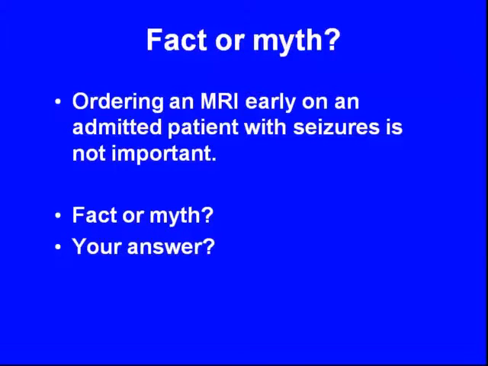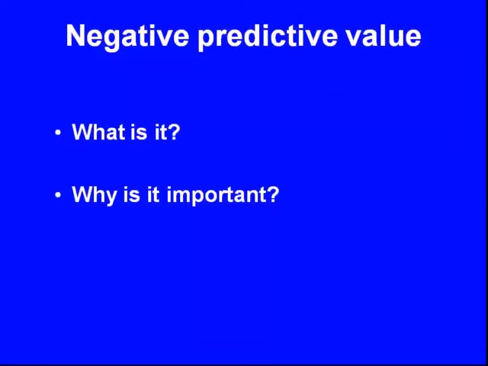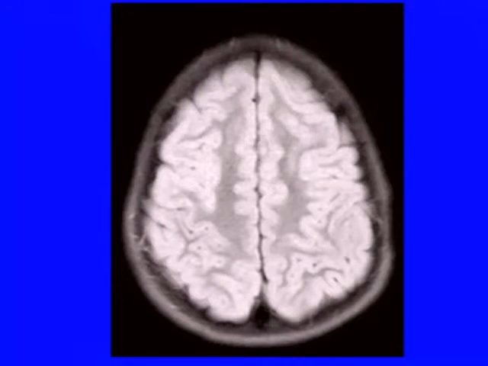Now, the other question that they ask us often is: if you order an MR in someone that has seizures and is being admitted and the test is negative, is that important or not? And then we come to the so-called negative predictive value, and this is very important. If you have a test that has very high sensitivity and specificity and it's negative, you have the negative likelihood ratio.